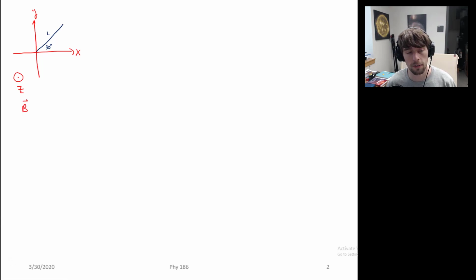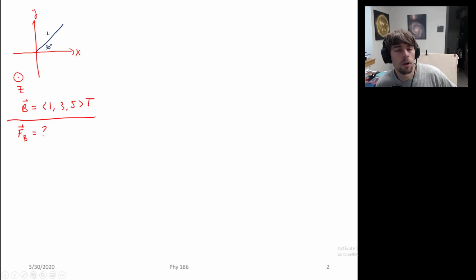Let's say that the magnetic field is in the, I don't know, 135 direction, Tesla. Go ahead, get an expression for the magnetic force acting on the wire. Oh, and say that the wire is carrying a current I. We'll just say it's a current I again.